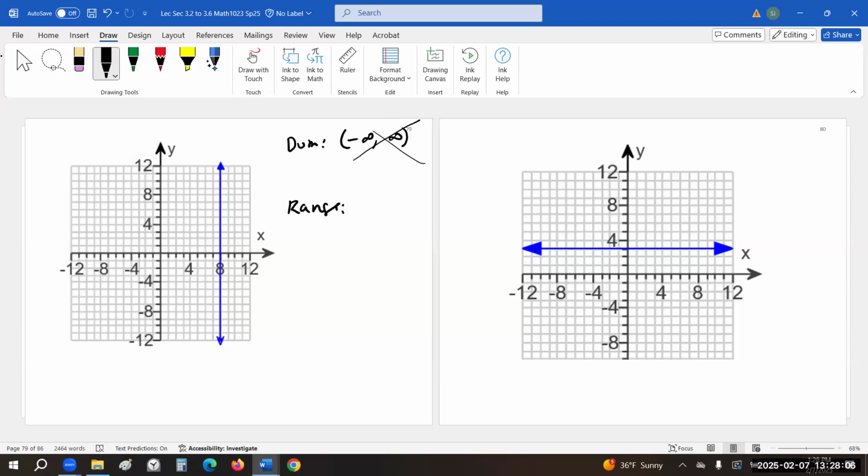So you are wrong. The answer is 8. And when you have a single number, we use something called curly brackets. For one number it's curly brackets. For two numbers, it's parentheses and brackets. Okay?